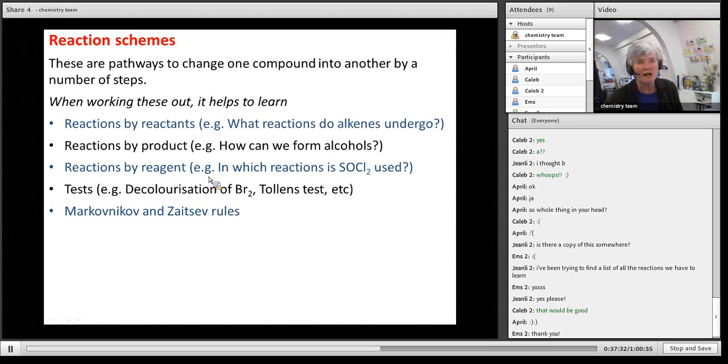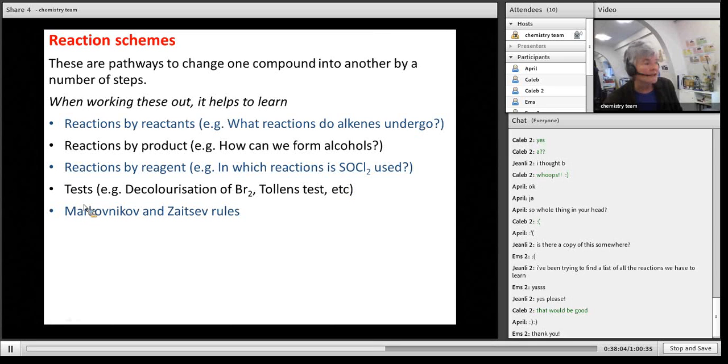If I have SOCl2, there's two cases where we use that: when we're turning an alcohol into a haloalkane, or turning a carboxylic acid into an acyl chloride. So see where every reagent comes up. Do I have it in different reactions, or does it only come up in one reaction?